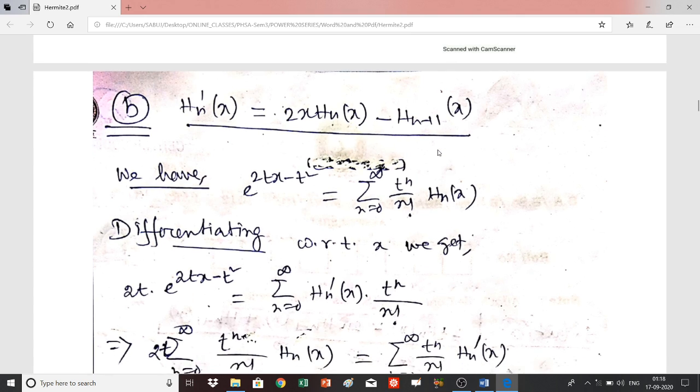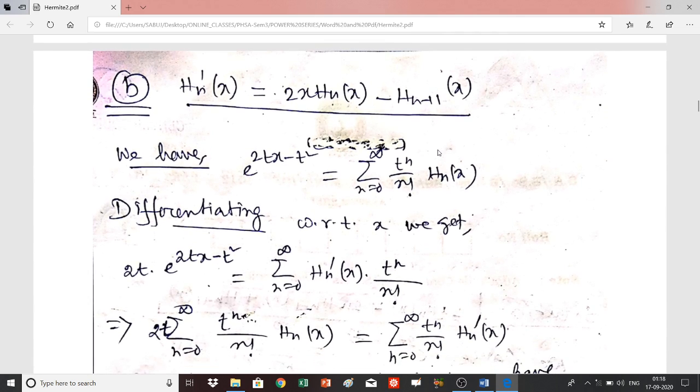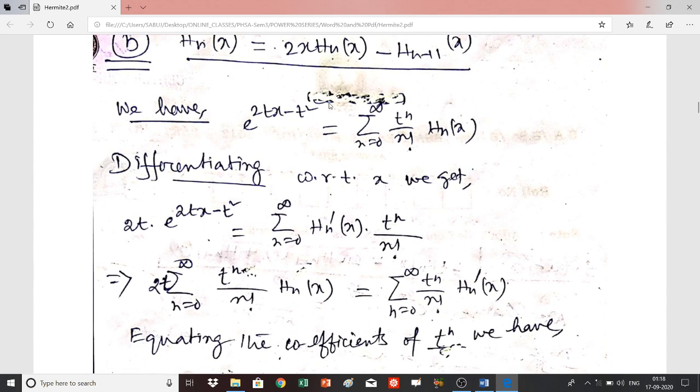To prove this identity, let us start with the generating function, e to the power 2tx minus t square, which is the sum from n equal to 0 to infinity of t to the power n by n factorial h_n(x). Now we differentiate both sides of this equation with respect to x, and we get e to the power 2tx minus t square times the derivative of 2tx minus t square, which is 2t, equal to the sum from n equal to 0 to infinity of t to the power n by n factorial h_n prime(x), since we are differentiating with respect to x.